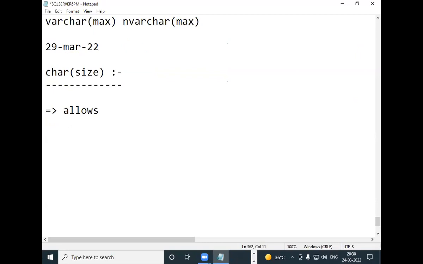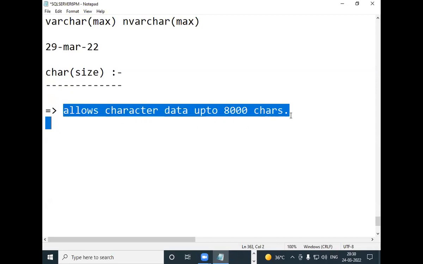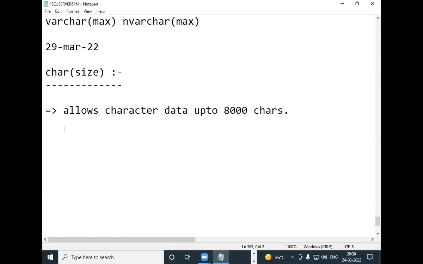This character data type allows character data up to 8,000 characters, and it's recommended for fixed length character columns.